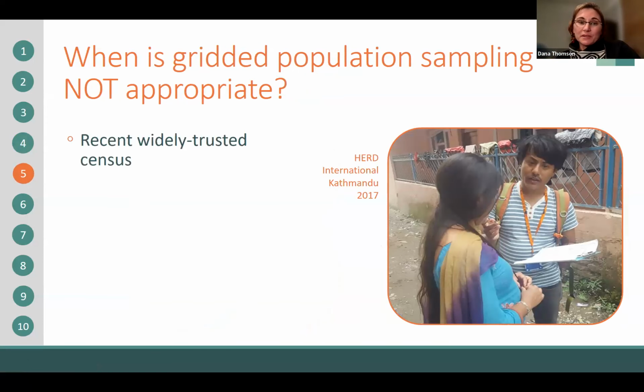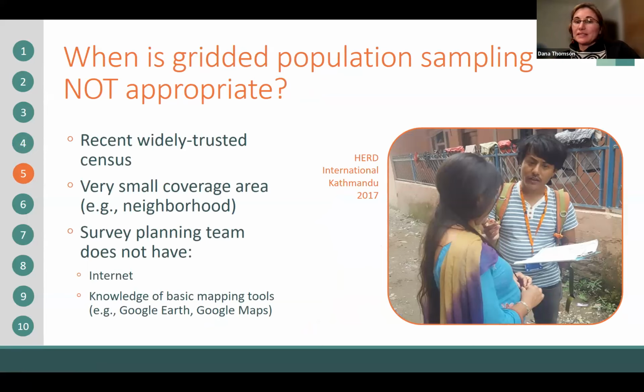So there are times when gridded population sampling is definitely not appropriate. I'm an advocate for this approach when appropriate. But if you're in a setting where there was a recent census and generally it's widely trusted, then that field reference population is going to be a much better sample frame than anything that's modeled.